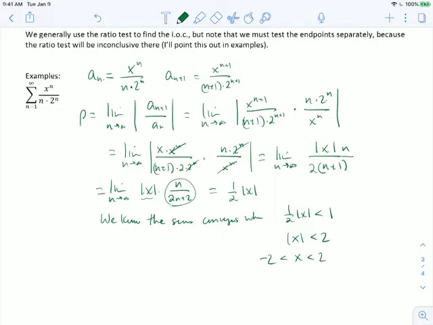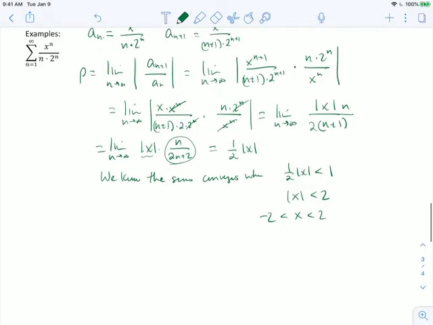I find it pretty helpful to rewrite it without absolute value. The absolute value of x is less than 2 when x is between -2 and 2. So I know the series converges at least on the interval -2 to 2.